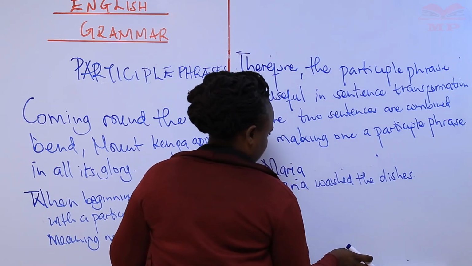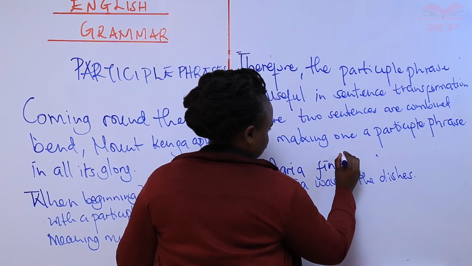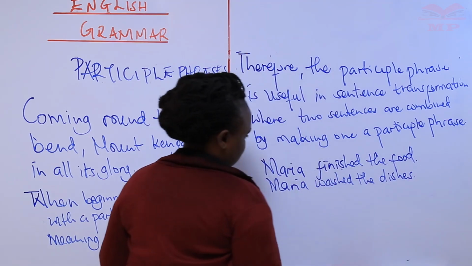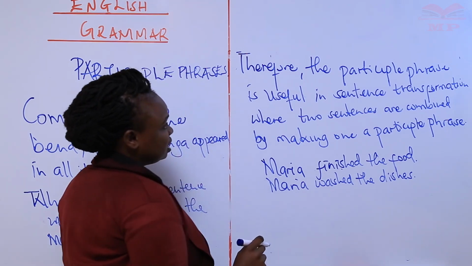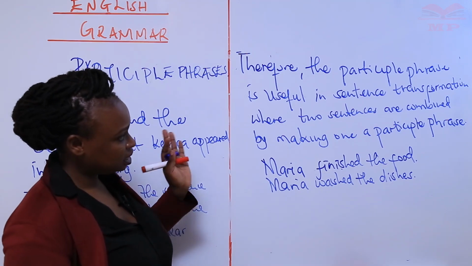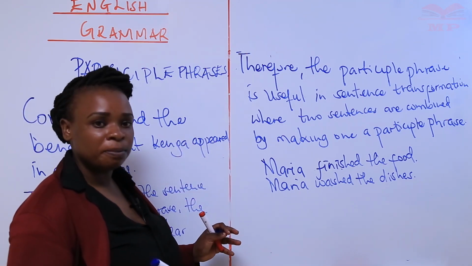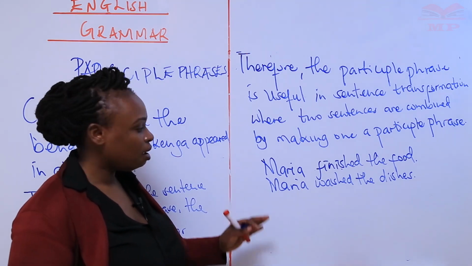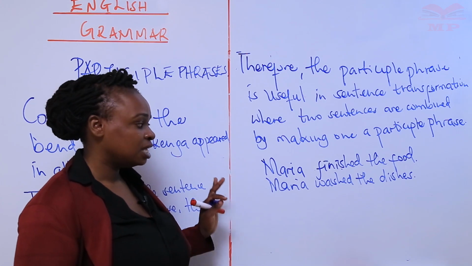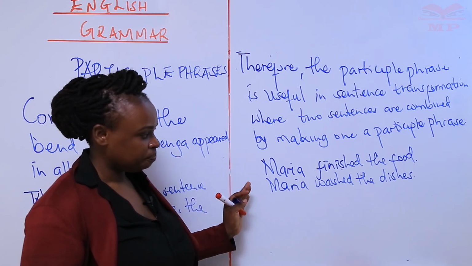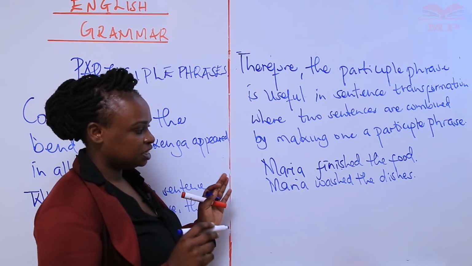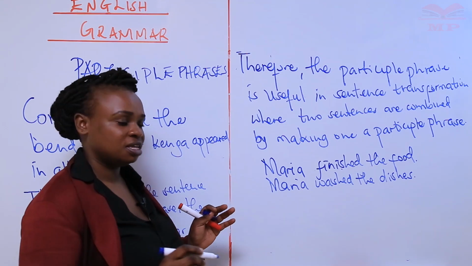Well, Maria finished the food, and then Maria washed the dishes. So we just have said that the participle phrase is useful in sentence transformation where two sentences are combined by making one a participle phrase. So we want to combine these two sentences by making one a participle phrase. The sentence reads, Maria finished the food, Maria washed the dishes. So when we combine the two, we'll say, having finished the food, Maria washed the dishes.